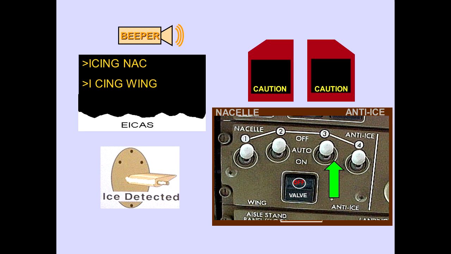The respective ICAS caution message, icing nacelle or icing wing, is displayed if any nacelle or the wing anti-ice is selected off and the ice detectors detect the appropriate level of icing.